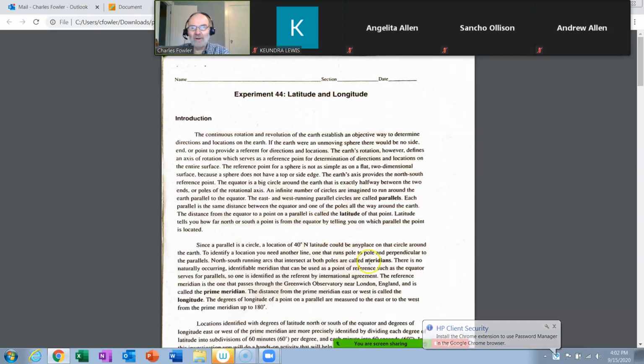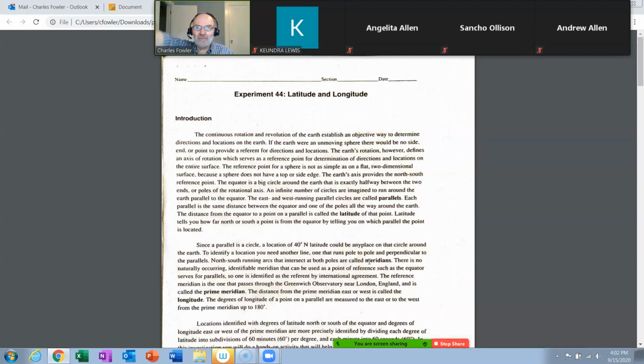Now, the ones that roll from one pole all the way to the next pole, all around the earth, north to south, those are your meridians. We talked about our local meridian that goes due north to due south through where we are. That's a meridian. Every one of those is a meridian line. The one at Greenwich Observatory, a naval observatory in London or near London, England.